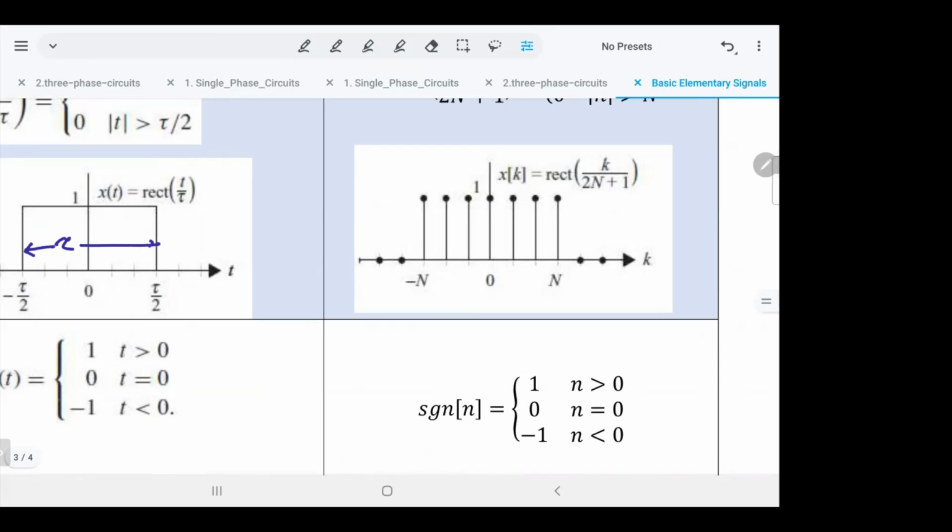If you make the axis k, you will have k; make it n, you'll have n, whatever integer variable you are using. So x of k will be equal to rectangle k over 2n plus 1, and it's unity, so you have 1 in front of the rectangle.